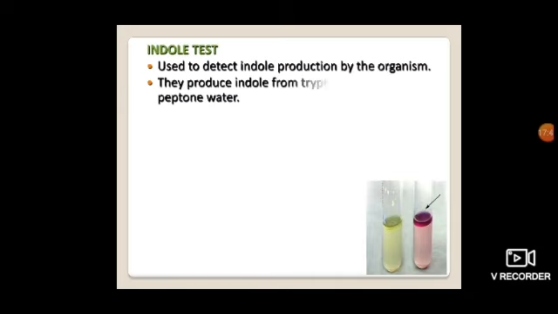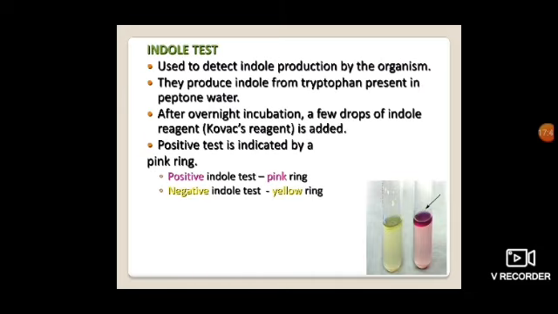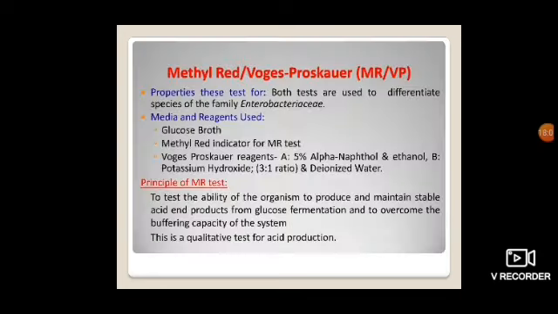A few points regarding the indole test: positive means a pink color ring or cherry red color ring, and a negative indole test shows simply yellow or green coloration. The example we already discussed in the last slide.